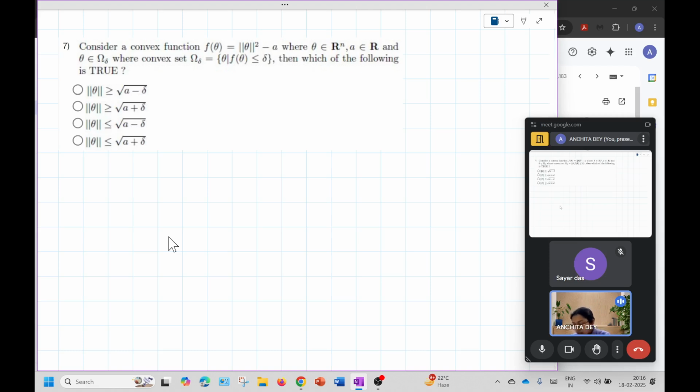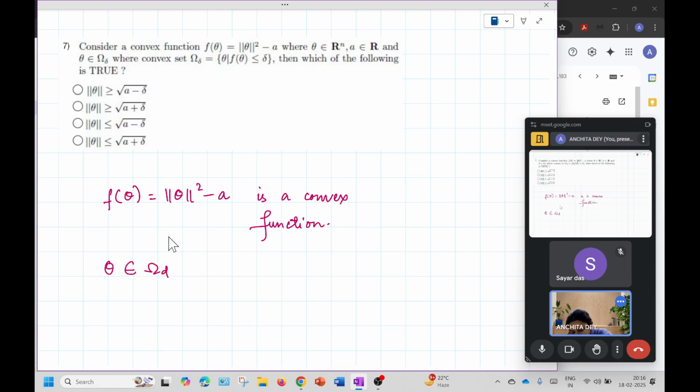So f of theta is a convex function, and omega d is a convex set. It turns out you don't actually have to worry so much about this result.